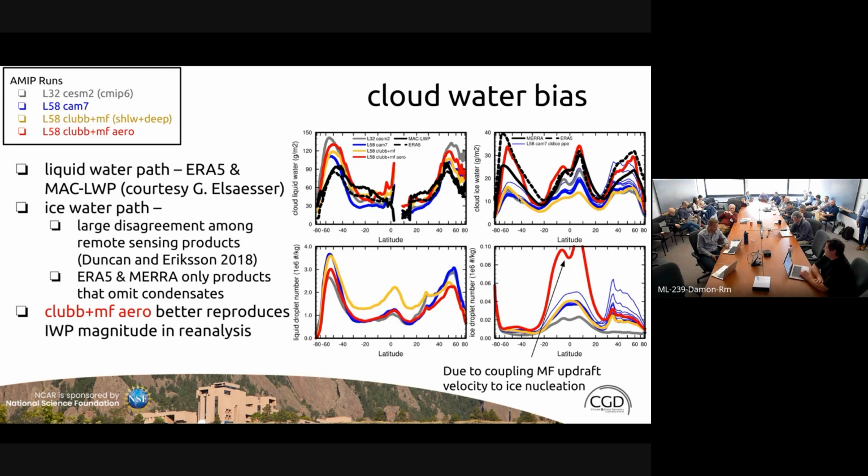So in the upper right is the ice water path. And CAM 7 in the blue noticeably has less ice water path than the reanalysis in the black. One thing I added here, in the thin blue lines, is a little perturbed parameter ensemble we did over the last couple of weeks to try to boost cloud ice in CAM 7.